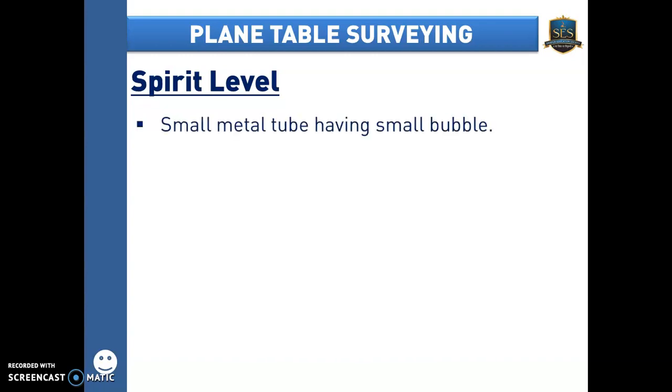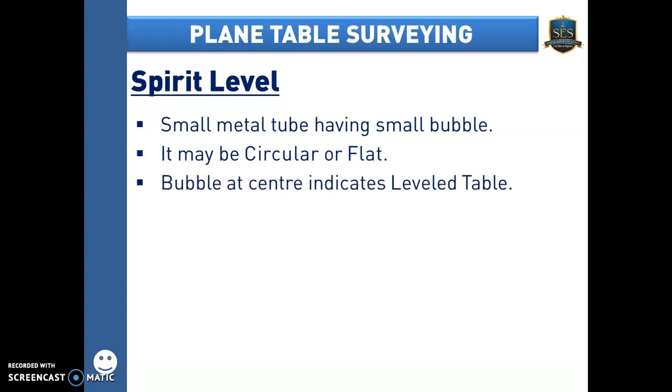Spirit level. Spirit level is a small metal tube having a small bubble. The spirit level may be circular or it may be flat. The bubble at the center indicates a leveled table.